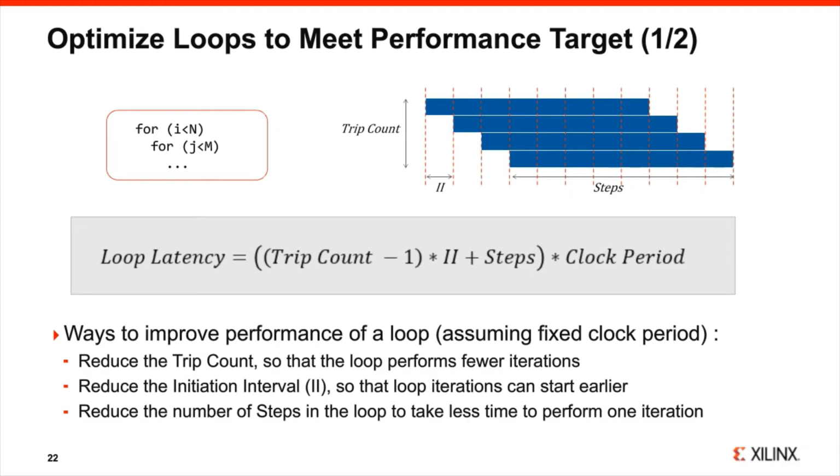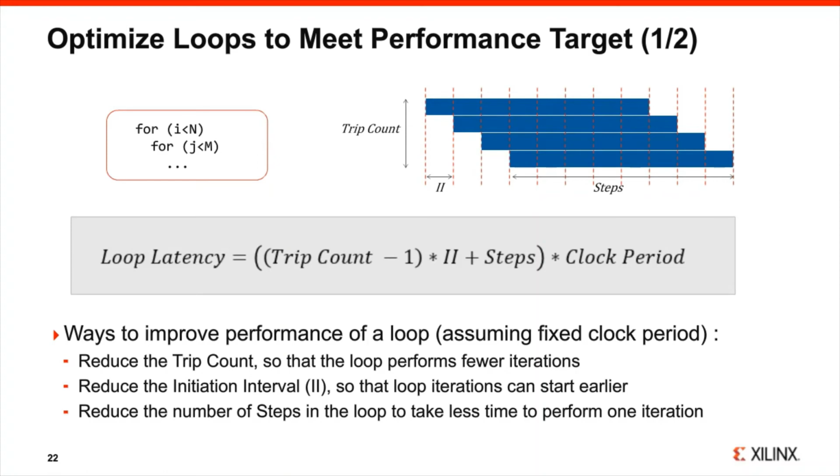For microarchitecture, this is where we have loops, and we'll try to optimize loops to meet performance targets. So loops, how do we measure performance? There are three important parameters that influence the performance of a loop. Trip count is the number of iterations of the loop. Steps is the duration of a single loop iteration.